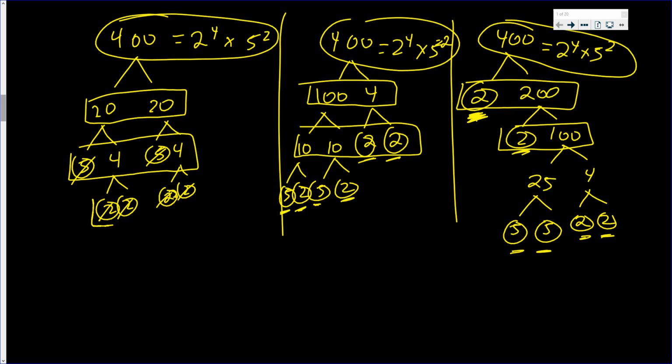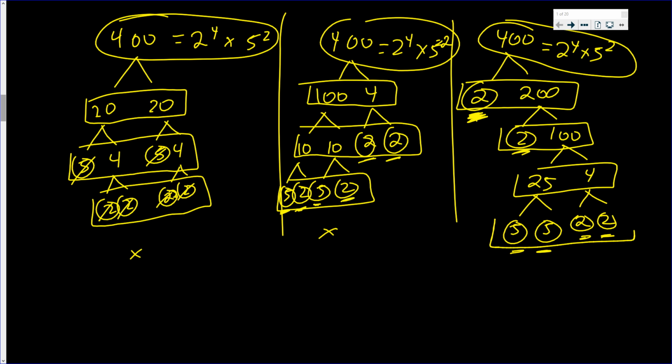Here, we have a branch with 4 numbers. Here, we also have 4 numbers. Here, we just had 2 numbers. No more branches here or here, but here, we had a branch with 4 numbers. Okay, it's not unique. But what is unique is the final answer.